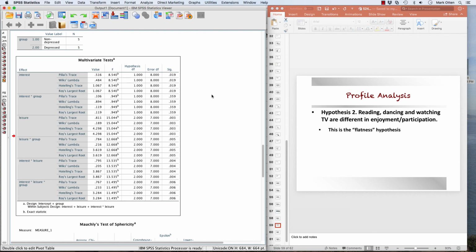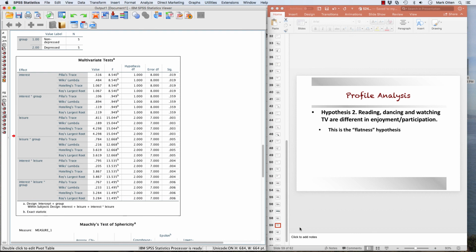If we were to do the math, which we're not, we would get a Hotelling's trace of 1.067. The F value here is 8.54, and the p-value 0.019. So it does appear that we have a difference between enjoyment and participation. So maybe we speculate that people are saying that they enjoy one or more of the activities, but not actually participating, something like that.